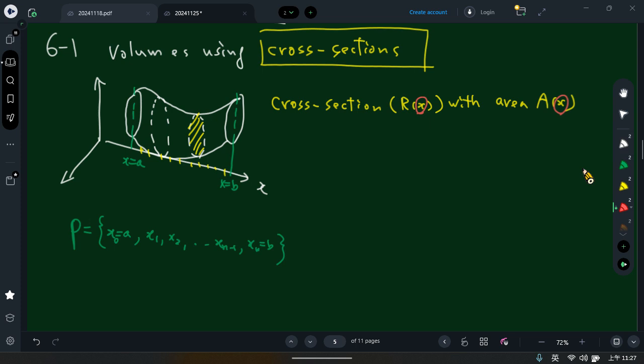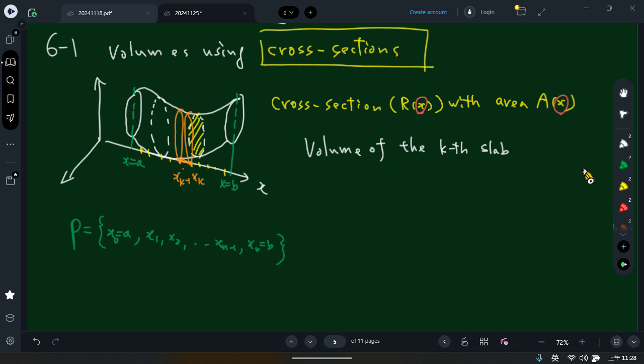So the total volume will be the sum of the snaps. Snap means, for example, if we just focus on s(k-1) to sk, then we have two cross sections.